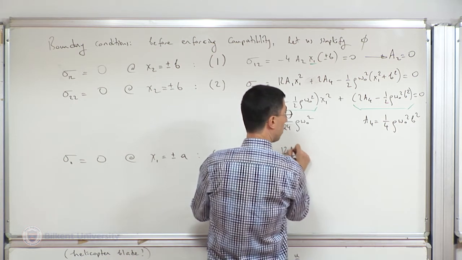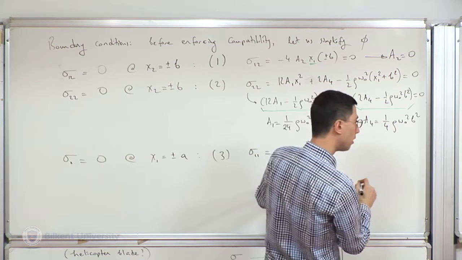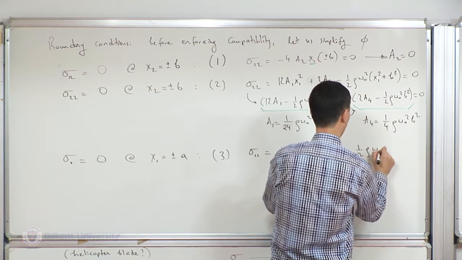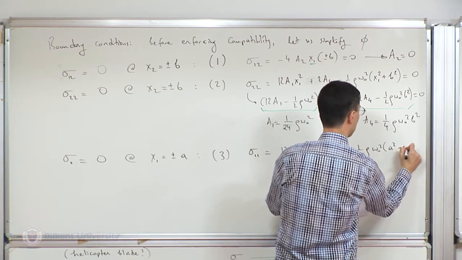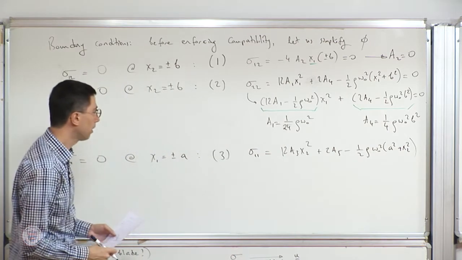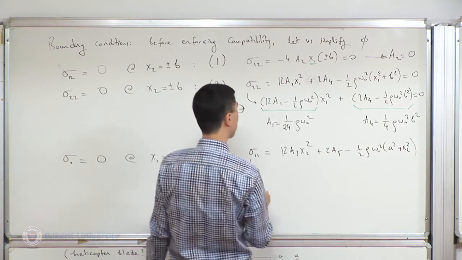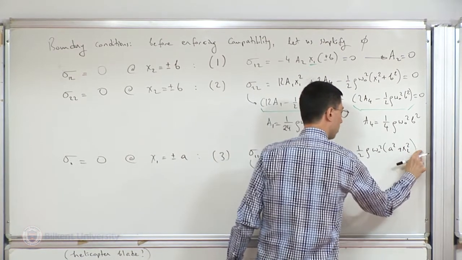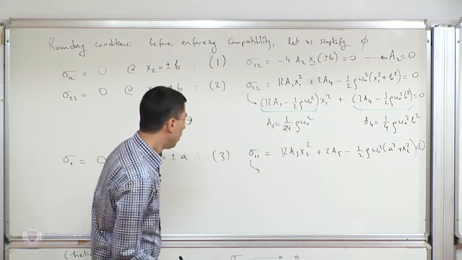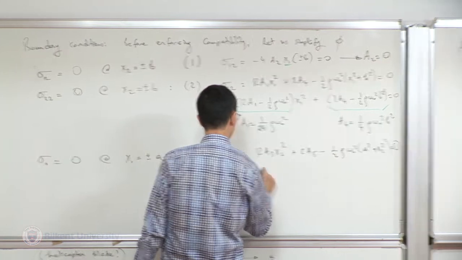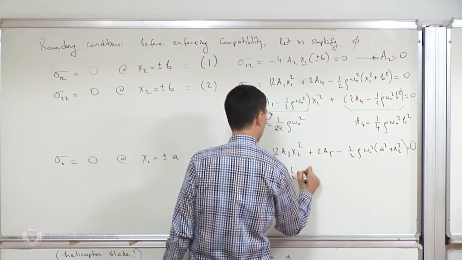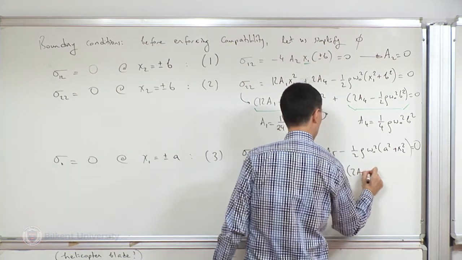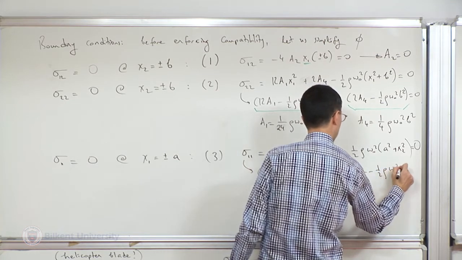So 12a3 x2 squared plus 2a5 minus 1/2 rho omega naught squared (a squared plus x2 squared). Okay. I can, again, collect terms. This has to be equal to 0. I have 12a3 minus 1/2 rho omega naught squared times x2 squared, and then 2a5 minus 1/2 rho omega naught squared a squared.